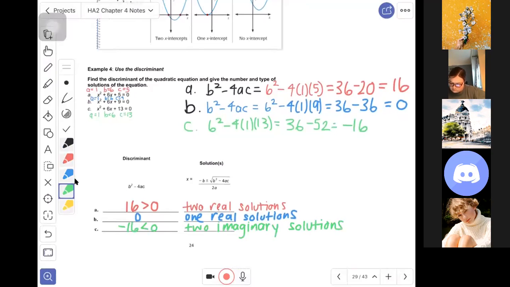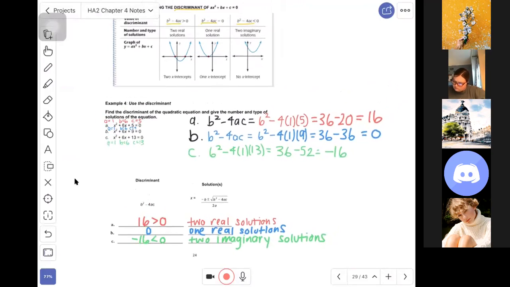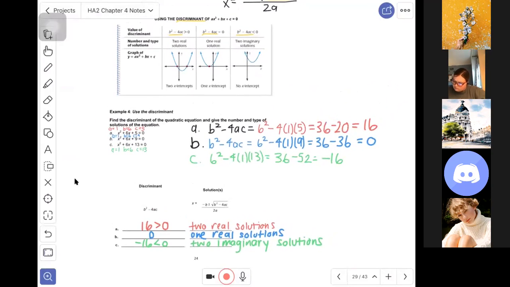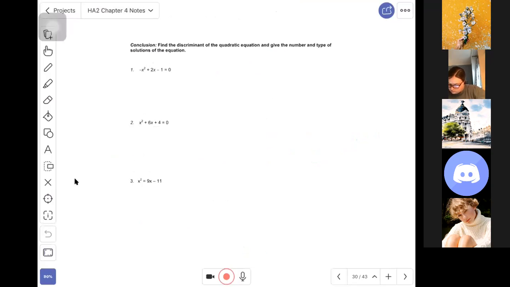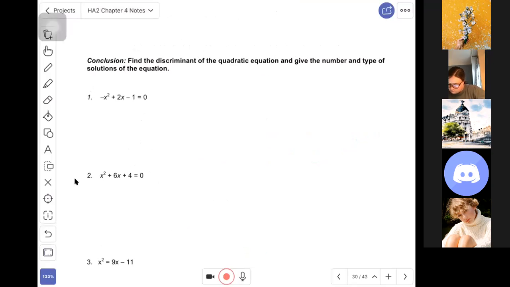So the discriminant helps us determine how many solutions and what type of solutions we're going to get. Okay. Questions? All right, let's go on to the last page here. There's 3 practice problems.